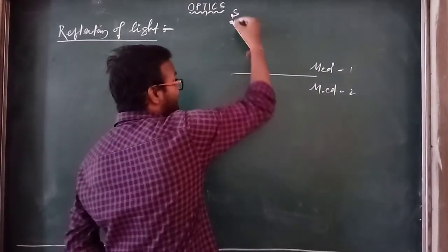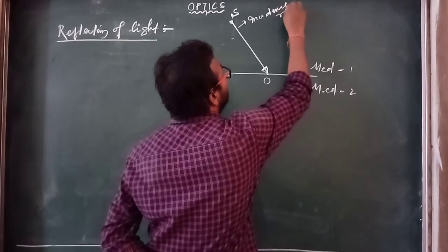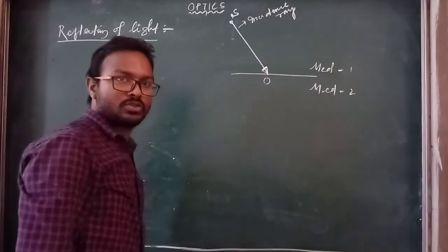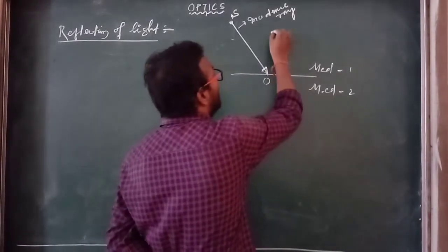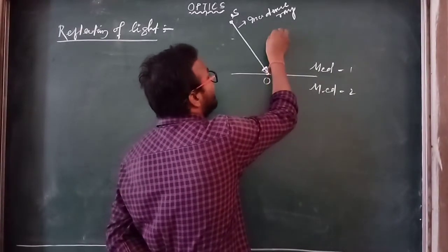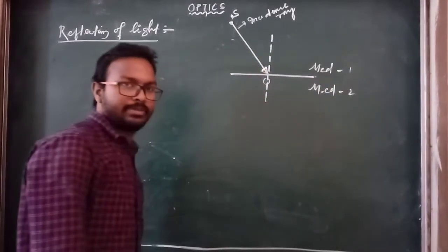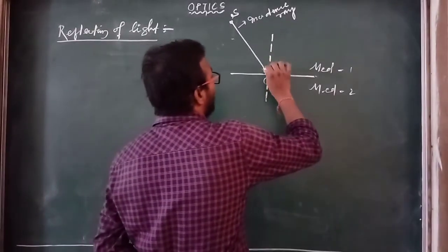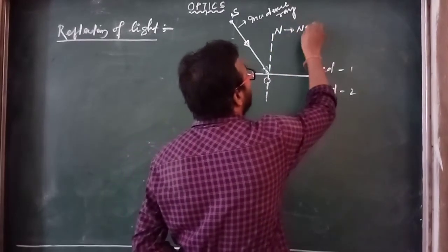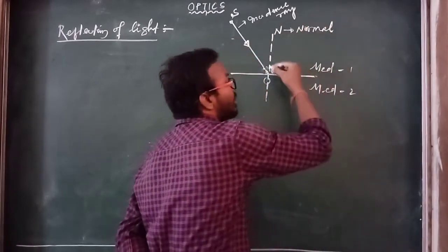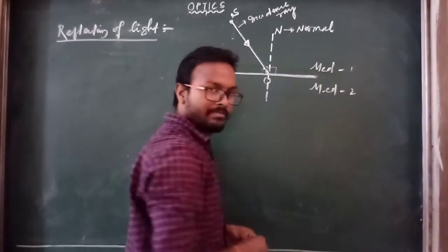This point is the striking point, point O. This ray is known as the incident ray, which comes from the source and strikes the boundary at point O. If you draw a normal at the point of incidence, then this normal is perpendicular to the surface, making an angle of 90 degrees with the boundary.